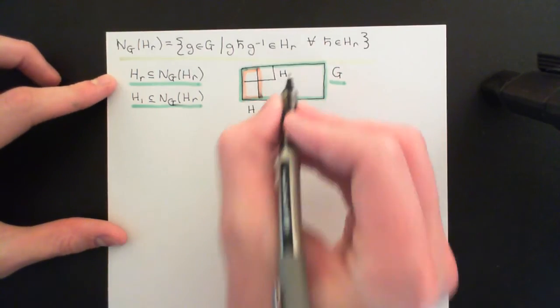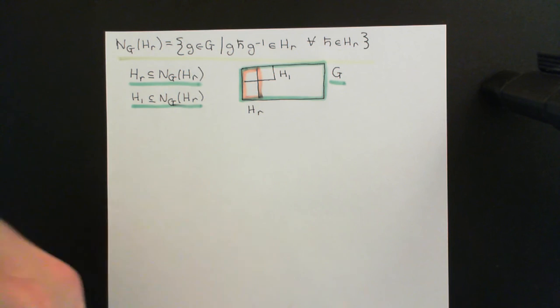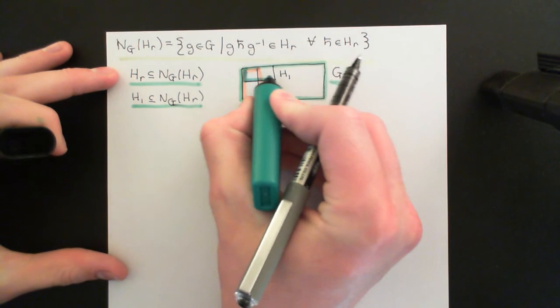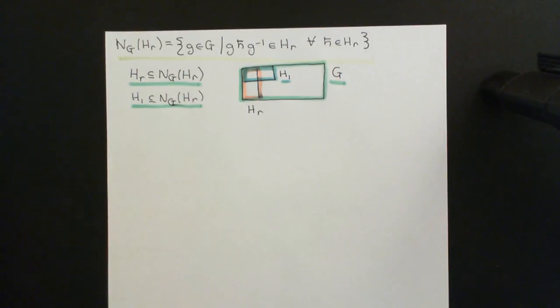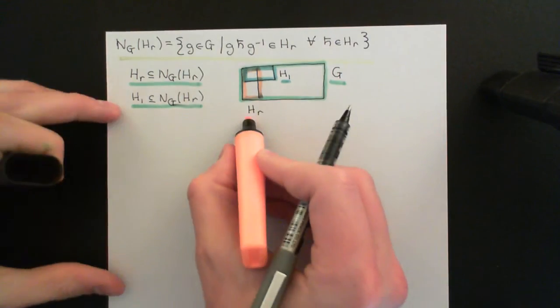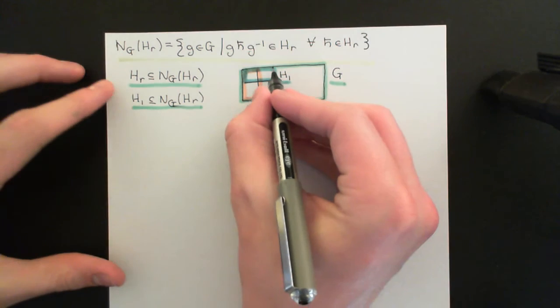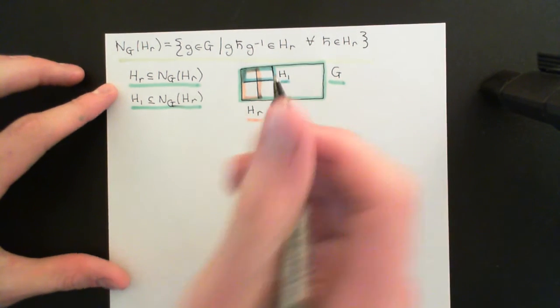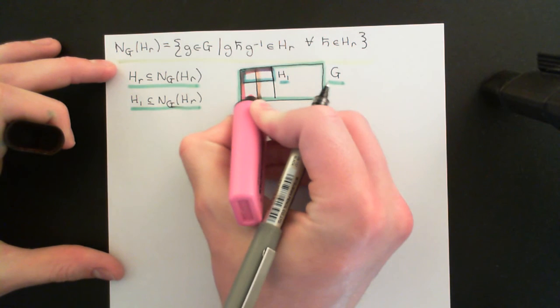So here is capital H1, and they'll have a non-empty intersection because they're both subgroups, so they must both contain the identity element of the group capital G. Okay, and the picture now is that I've constructed the normalizer of HR in G, and that has to completely contain H1. So we'll say that the normalizer then is this square here.